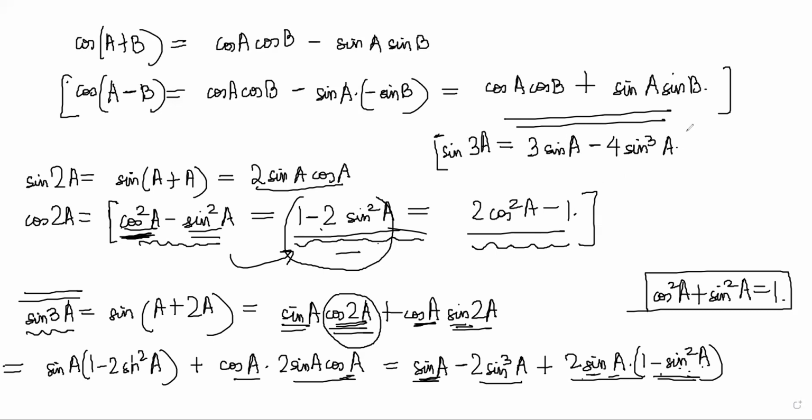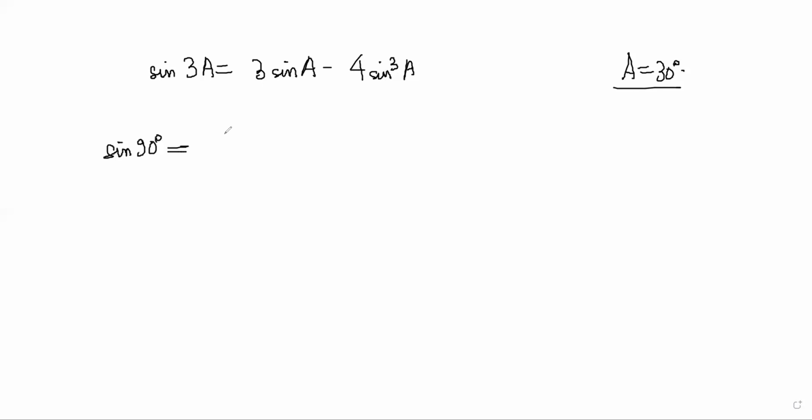Okay. So now we can easily check whether this identity is correct or not. The way we do it is sin 3A is equal to 3 sin A minus 4 sin cube A. This is my identity. Now, why don't we take a value of A equal to 30 degrees, let's say. So sin 3A will be sin 90 degrees, right?